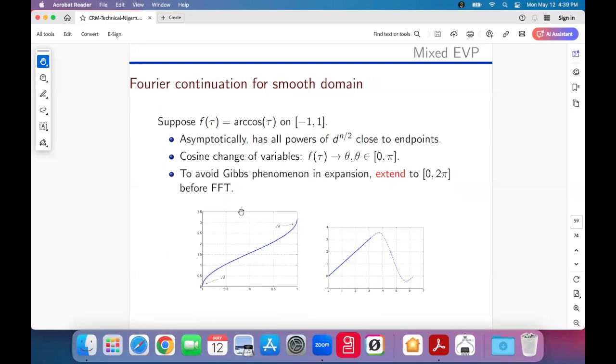So let's think about the arc cosine on -1 to 1. This has exactly the same sort of singular behavior at the endpoints. If you did a cosine change of variables from -1 to 1 and took it to 0 to pi, you might pick up a Gibbs phenomenon at the end. So what you want to do is extend your function smoothly to 0 to 2 pi.